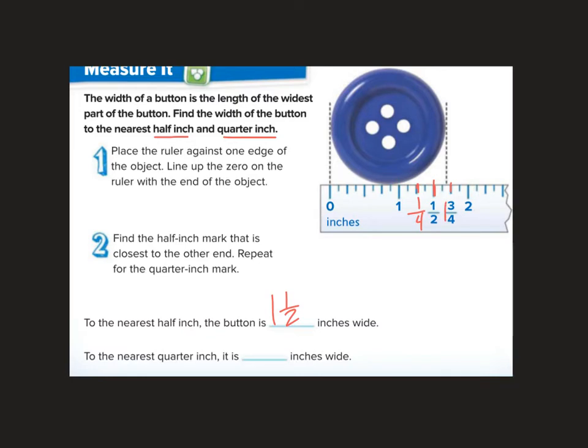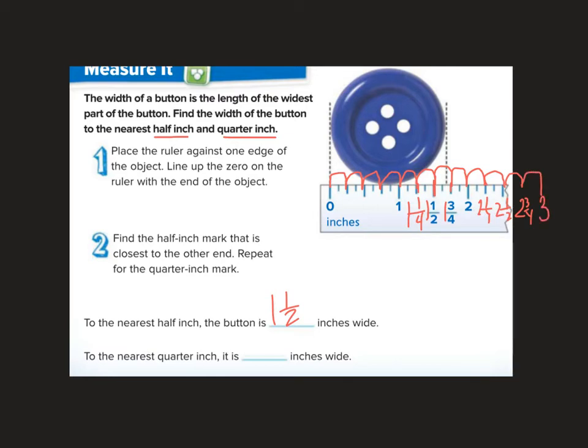So when we're rounding to the nearest or measuring to the nearest 1/4 inch, we would measure to 0, 1/4 of an inch, 1/2 of an inch, 3/4 of an inch, 1 inch. 1 1/4 of an inch, 1 1/2 inches, 1 3/4 inches, 2. 2 1/4 inches, 2 1/2 inches, 2 3/4 inches, and then it would be 3 inches.